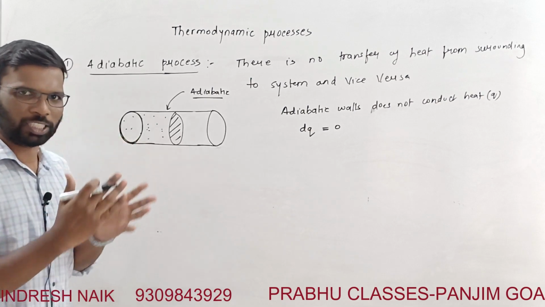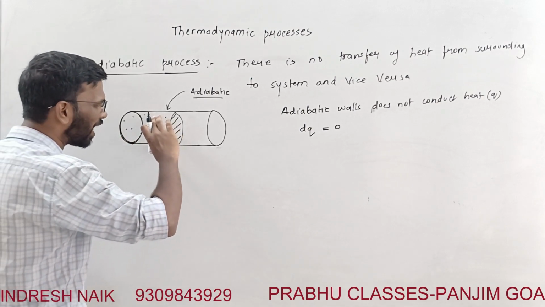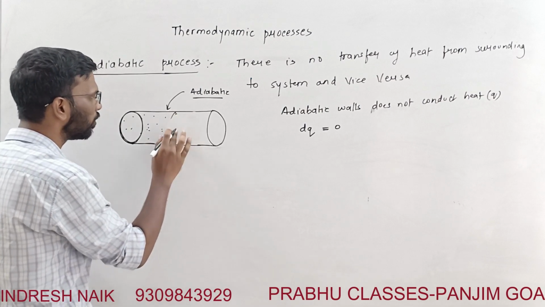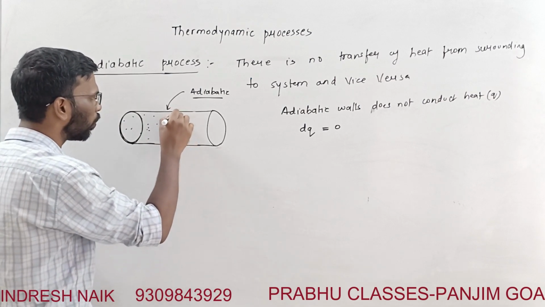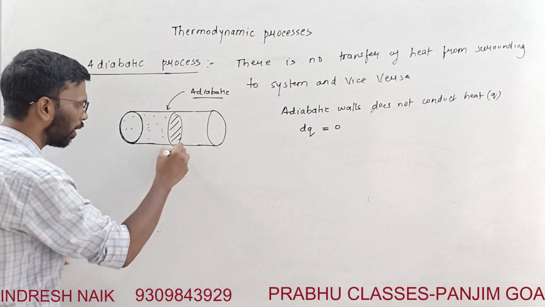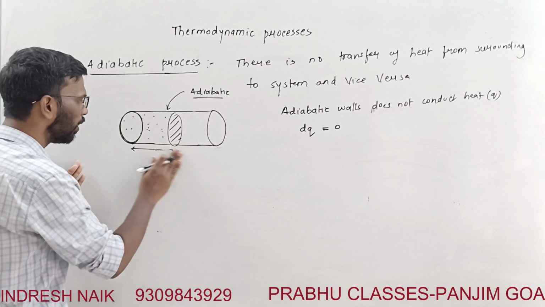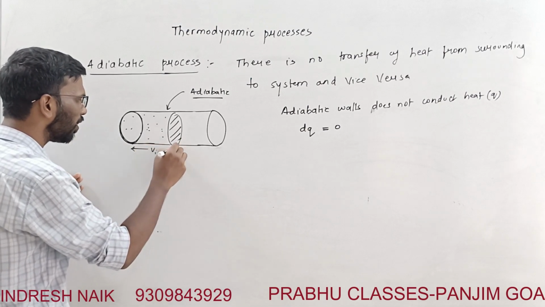Now if I ask you one question: if I expand this, if I move this lid from this position, I'll draw a new diagram. This volume from here to here is V initial.